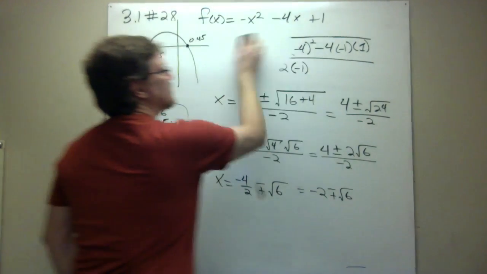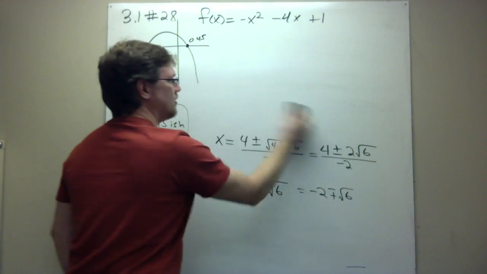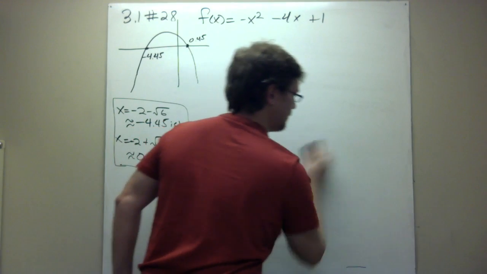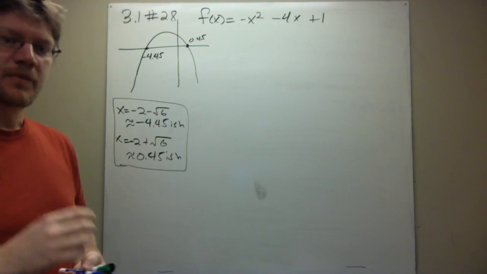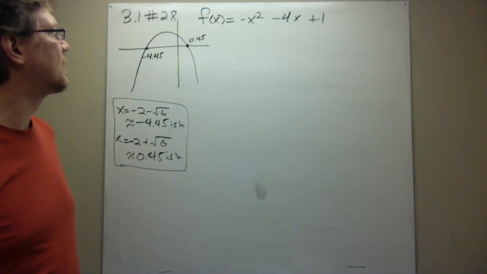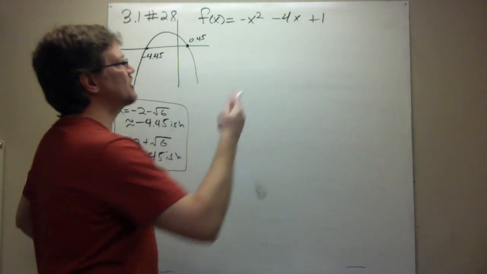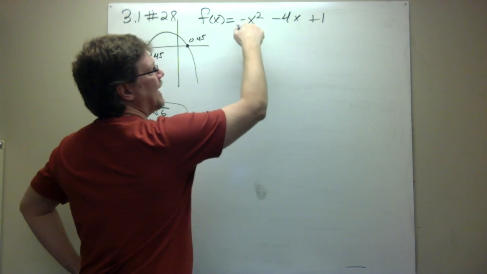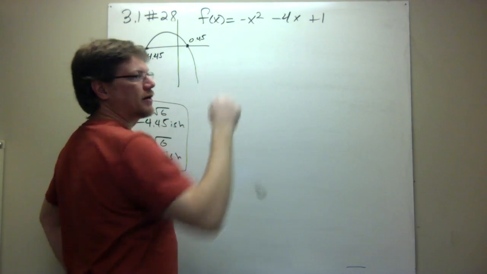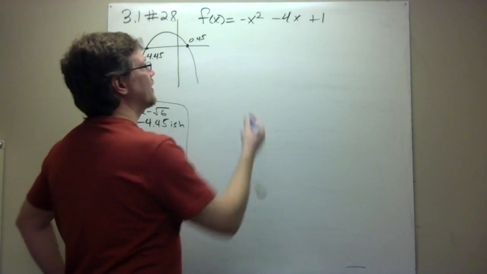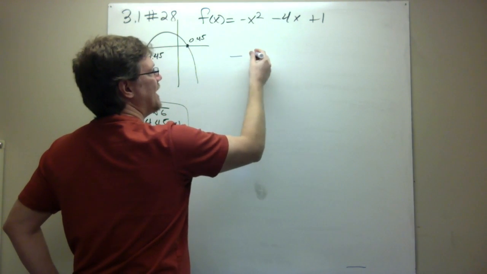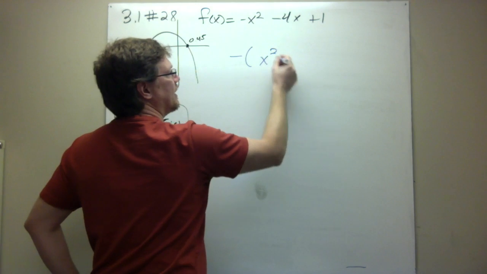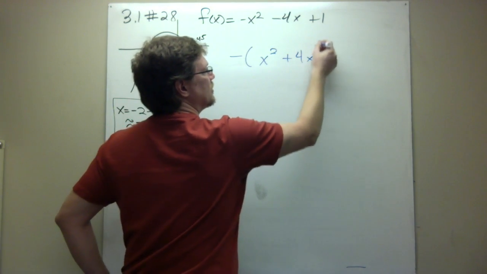To figure out where the maximum occurs, we exploit the tools that we developed for completing the square. In this case, I have a negative in front of my x squared. I need a positive 1 in front of the x squared. So if I pull a negative out of the pieces with the x in them, I'm going to get x squared plus 4x.